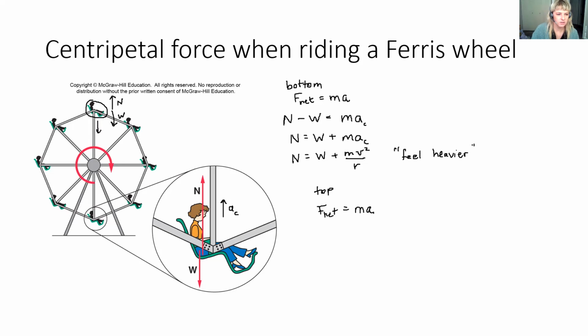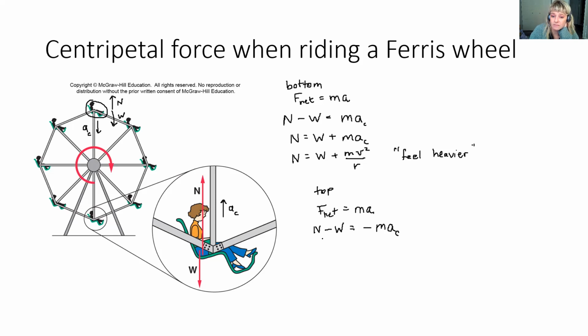Centripetal acceleration always points towards the center of the circle, so here it's pointing down. So on the left-hand side, the forces are the normal force acting up and the weight acting down. And here, the acceleration is acting downward because it's centripetal acceleration pointing towards the center of the circle. I'm going to make that negative since it's pointing down.